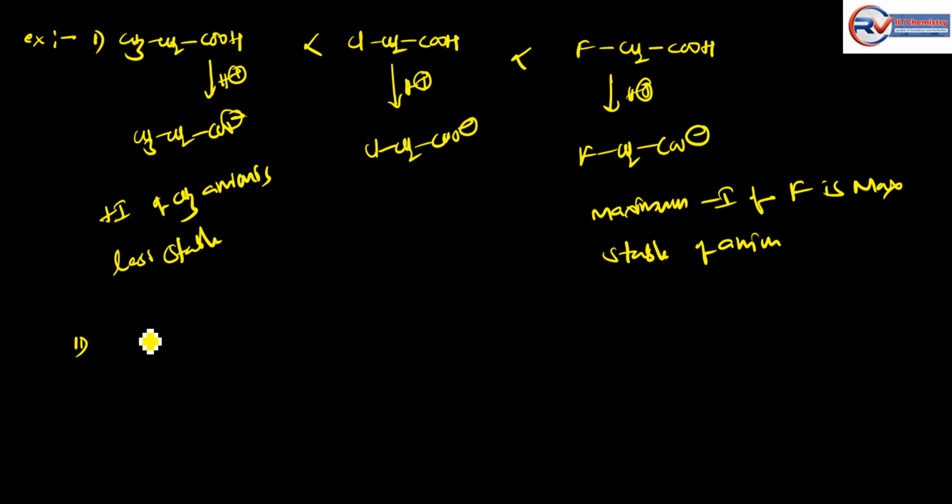Let's see the second example. Trichloroethanoic acid, tribromoethanoic acid and triiodoethanoic acid. Which is more acidic? Very simple. The group with the maximum inductive effect gives the maximum acidic. Which has the maximum inductive effect?